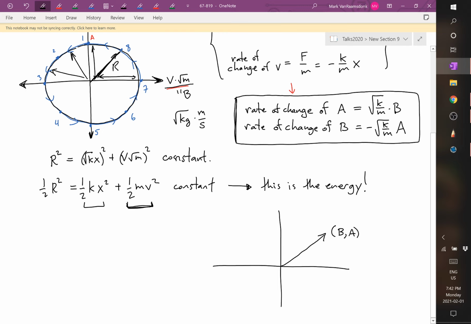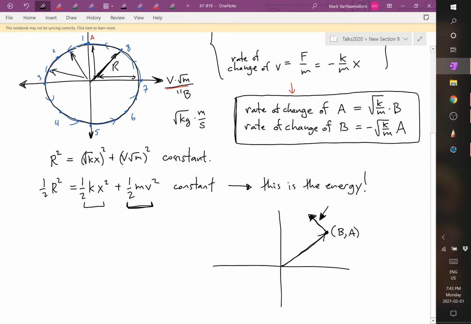If this is the point whose coordinates are b and a, then the rate of change is this thing with square root of k over m times b and minus the square root of k over m times a. Looking at in what direction these are changing, it turns out to be exactly this perpendicular direction, and the magnitude of this change is the same everywhere on the circle.